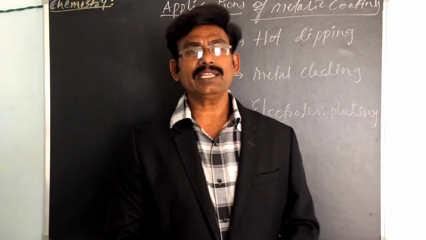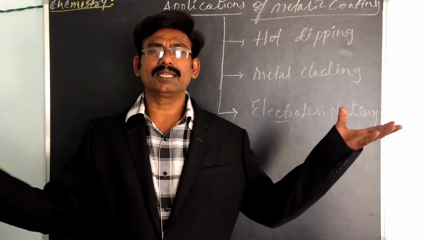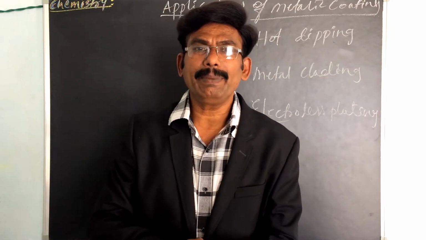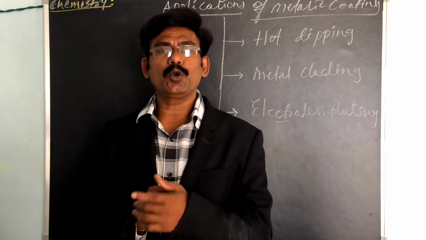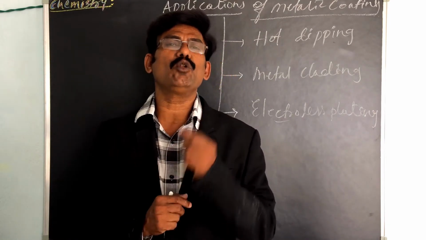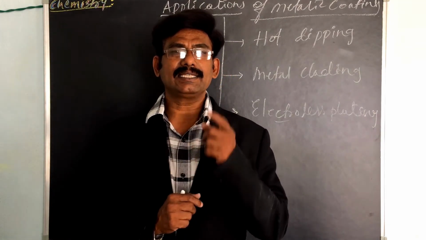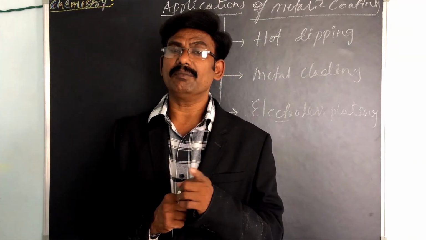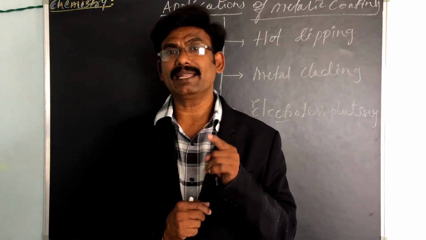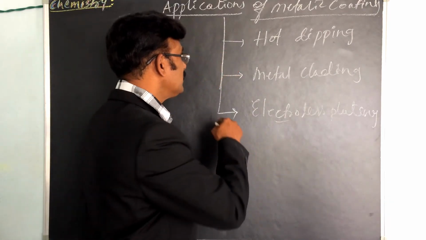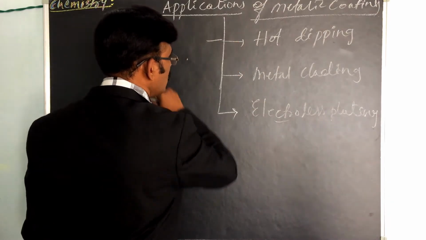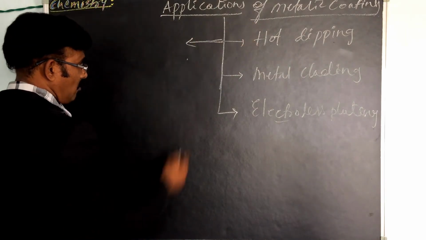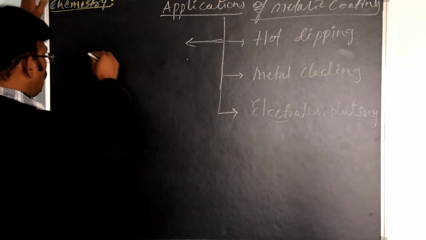Okay. So what is meant by hot dipping? Hot means the temperature is very high. Hot dipping is used for producing a coating of low melting metals such as zinc, tin, lead, and aluminium. What are the low melting metals?